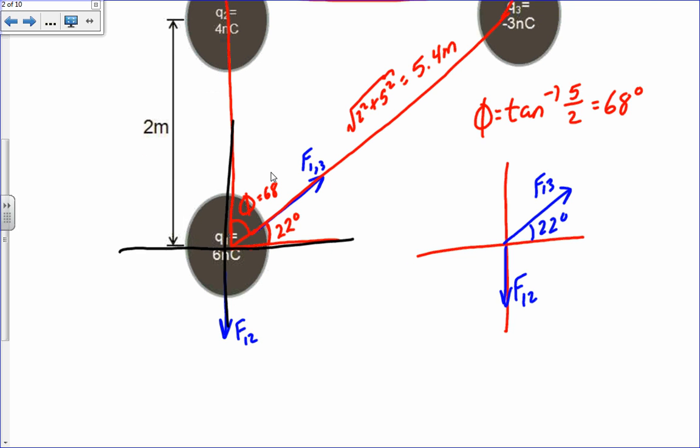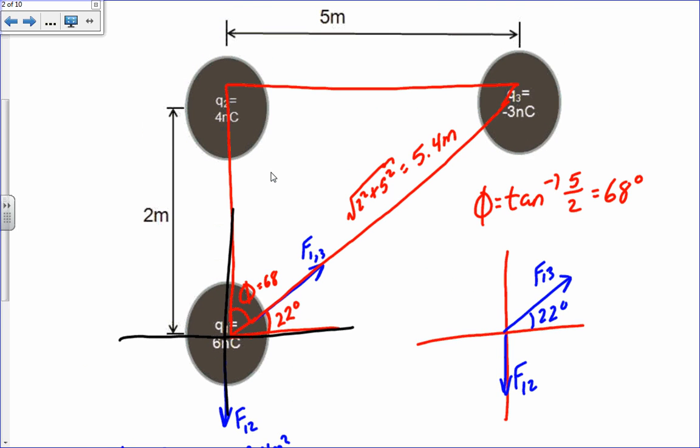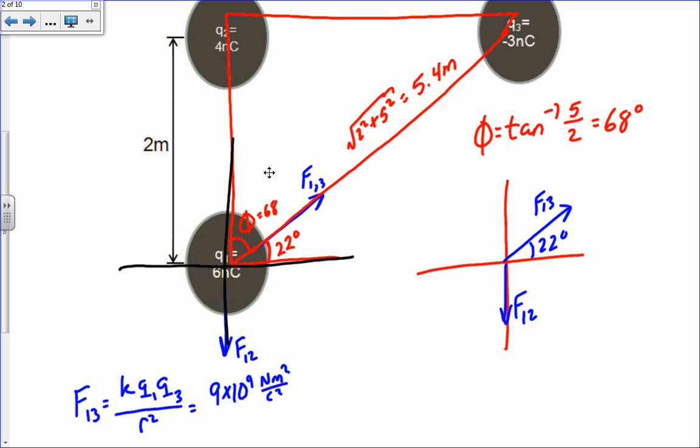All right. Now let's go ahead and find the magnitudes of F13 and F12. F13 from Coulomb's law is equal to K Q1 Q3 over the distance squared. So that's 9 times 10 to the 9th Newton meters squared per Coulomb squared, times Q1, which is 6 nanocoulombs, that's 6 times 10 to the minus 9 coulombs, times 3 times 10 to the minus 9 coulombs.